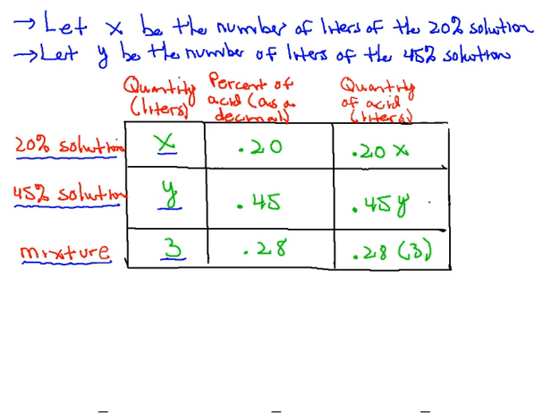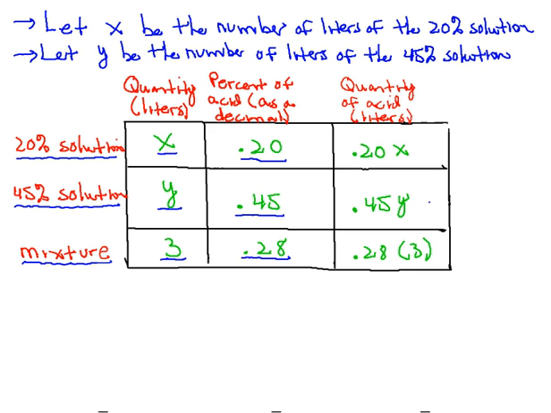Now for the next column, I've simply stated what the percent of acid in each of these solutions is, represented in decimal form, because we'll need the percent in decimal form when we write the system of equations shortly. So 20% as a decimal is 0.20, 45% as a decimal is 0.45, and 28% as a decimal is 0.28.